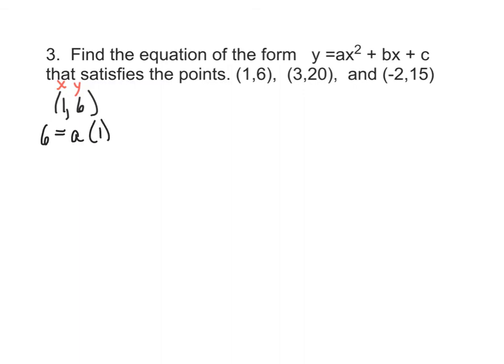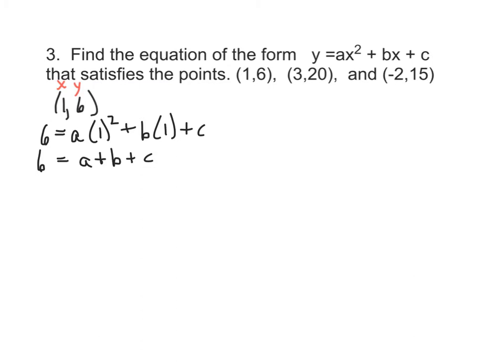So a times 1 squared plus b times 1 plus c. So we are setting up the system of equations that we'll need to solve by substituting the given point into the quadratic form. So this gives us 6 is equal to a plus b plus c. So there's our first equation in our system.